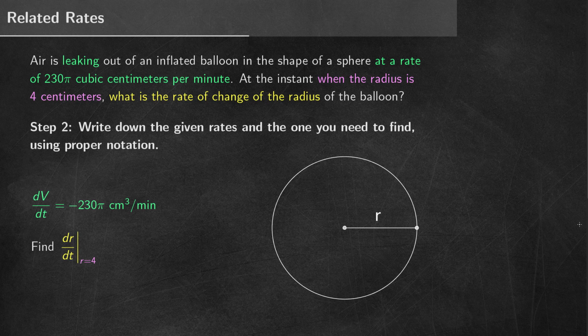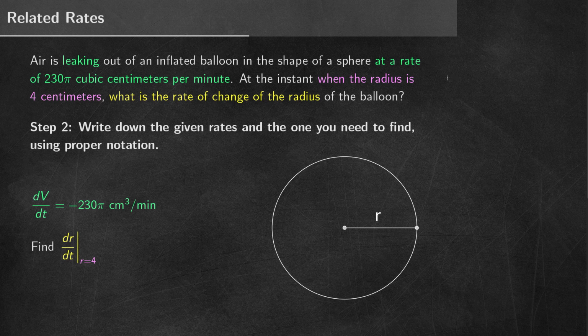Step 2, we're going to write down the rate that we're given and the one that we're trying to find using proper notation. So I've tried to color code this to help us figure out how we translate from the words in the problem into our equations. So looking at the parts in green, we have air leaking out of a balloon, and that tells me that the volume is getting smaller.